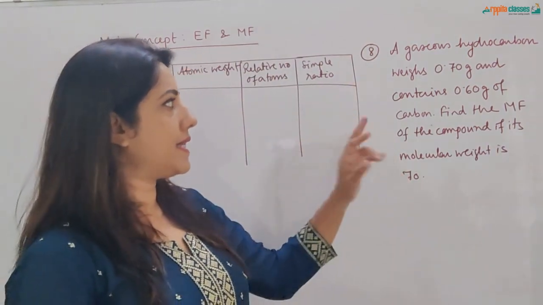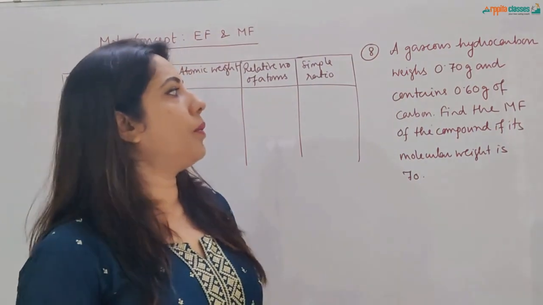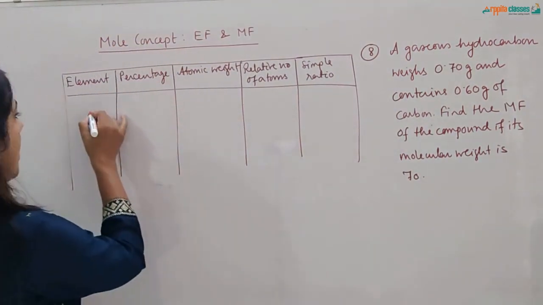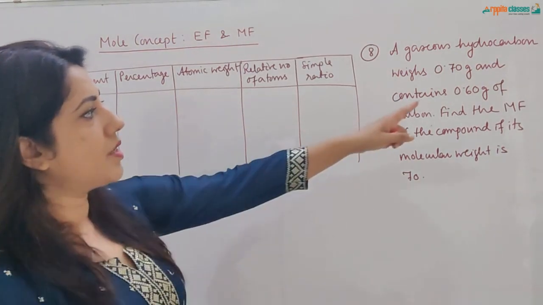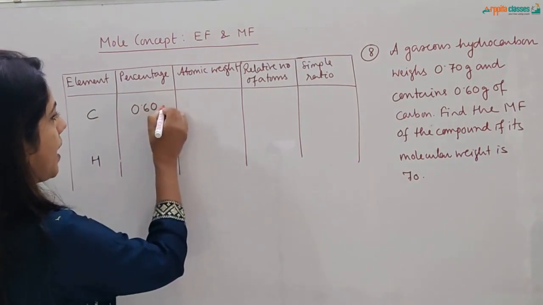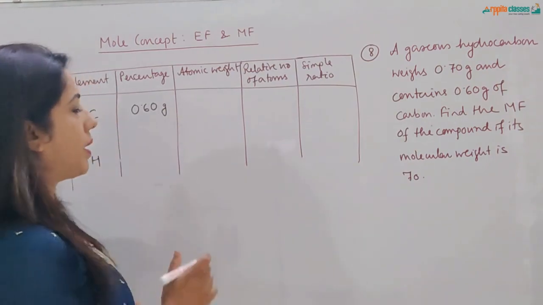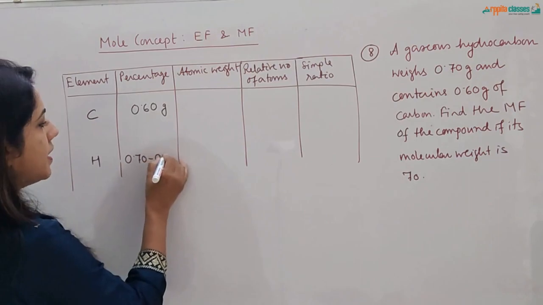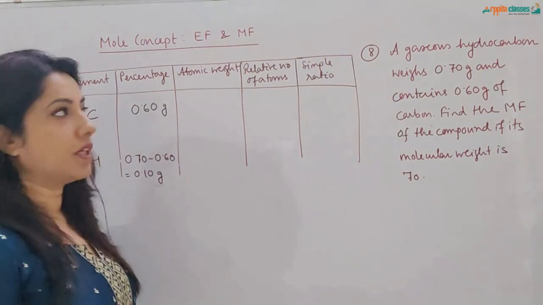Question number 8. A gaseous hydrocarbon weighs 0.70 gram and contains 0.60 gram of carbon. So it is a hydrocarbon, means it is made up of carbon and hydrogen. It contains 0.60 gram of carbon, and the total weight of the hydrocarbon is 0.70, so hydrogen will be 0.70 minus 0.60, that is 0.10 gram of hydrogen.